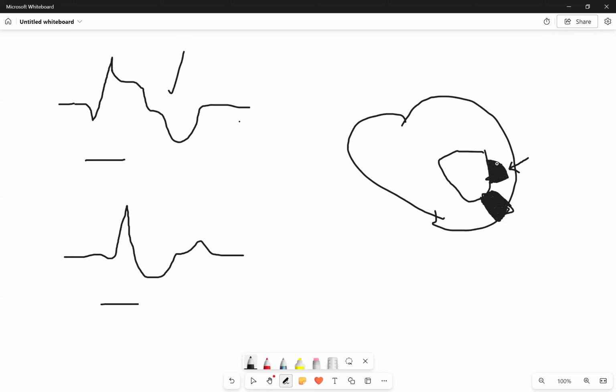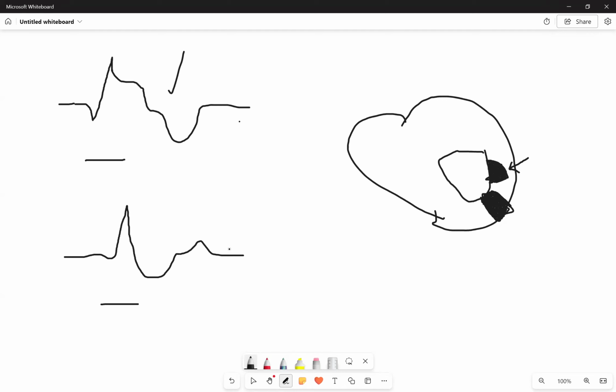No. So which one is as emergent as this one? No. So here you can say that yes, the patient had a heart attack, but the blood flow was restored. Okay, so it didn't kill the entire myocardium. So therefore, as long as the patient stays as NSTEMI, we have a few hours to wait.